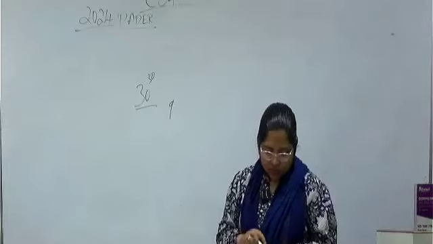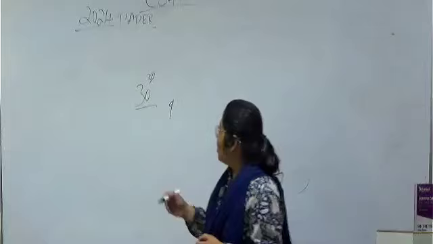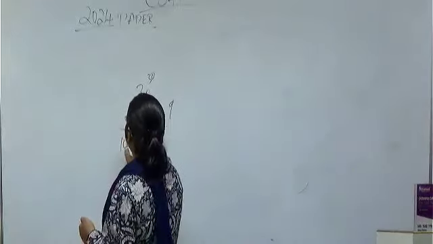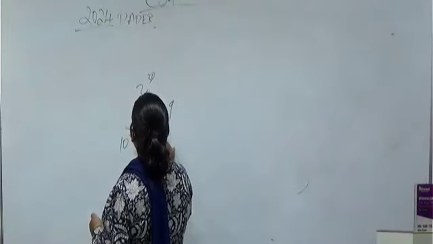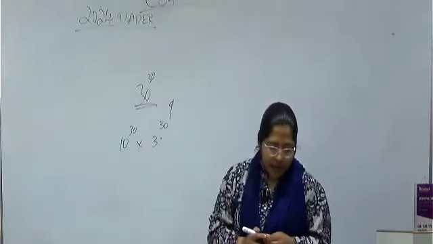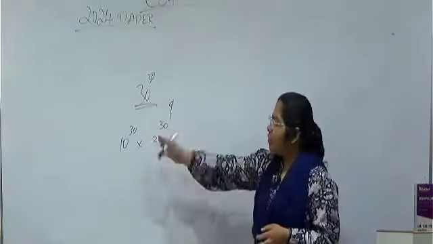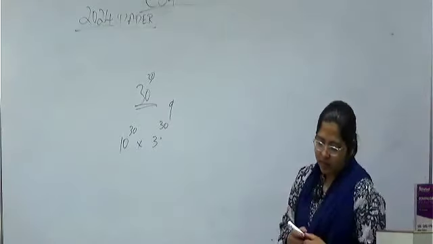But how? Can you see, 30 can be written as 10 to the power of 30 into 3 to the power of 30. 10 to the power of 30 means all zeros only. Now 3 to the power of 30 means what?